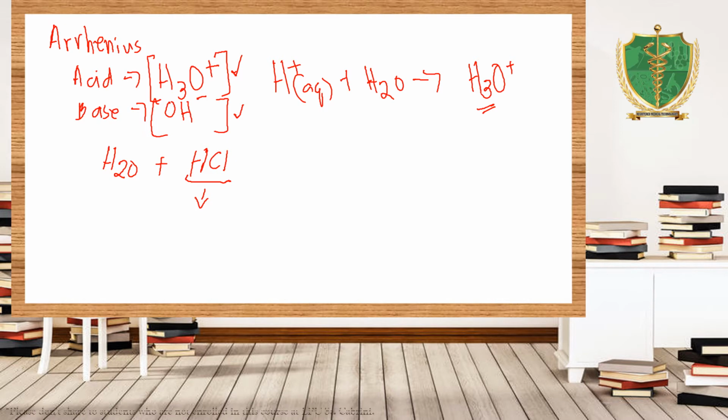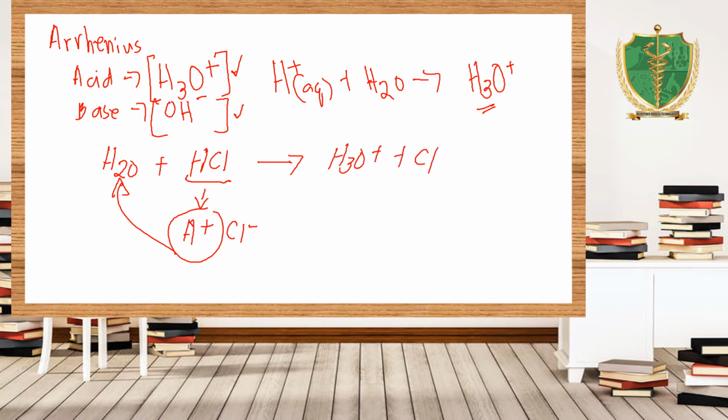So when dissolved in water, it will give us hydrogen ions and chloride ion. And sabi natin, hydrogen ion reacts immediately with our water molecule. Therefore, it will give us hydronium ion plus chloride.